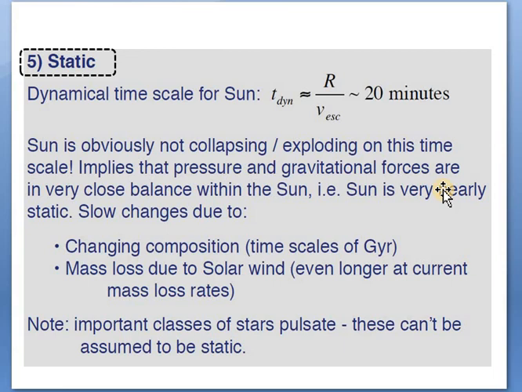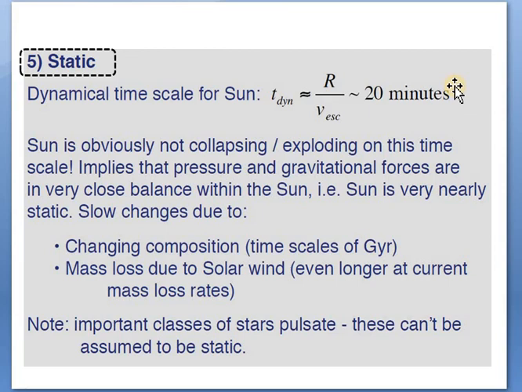Now suppose this equilibrium is violated, then the structure changes at a time scale known as the dynamical time scale. As I just showed you in the calculations, this comes out roughly of the order of half an hour or so.